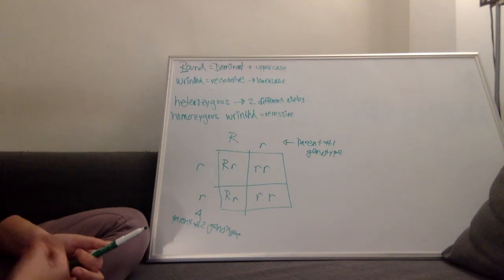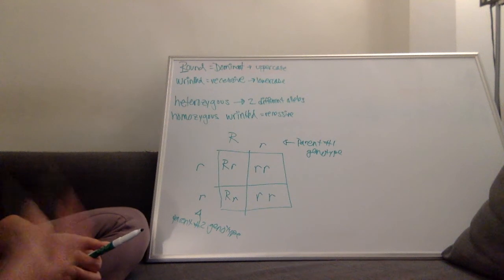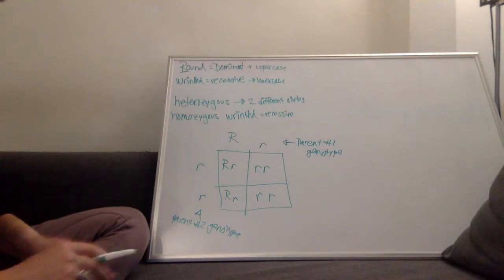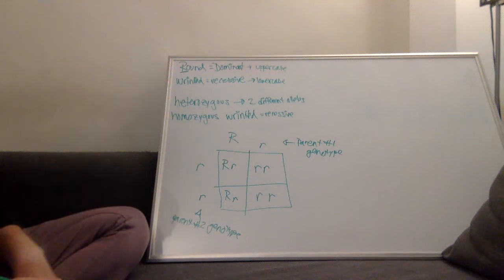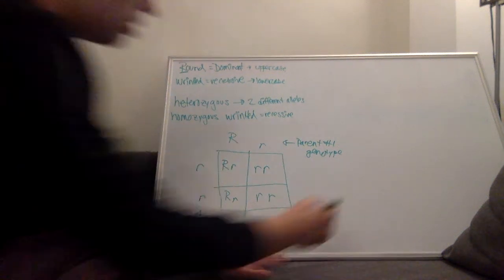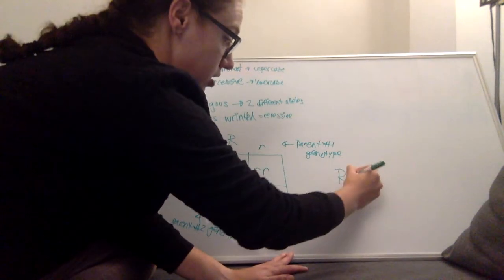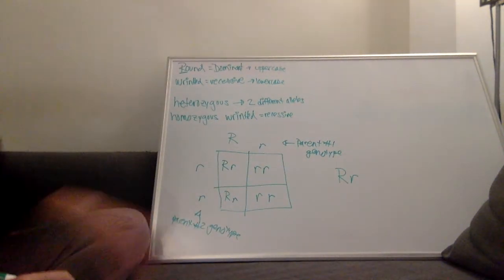Use your notes, right? We have to use our notes. So here the genotypes are just the letters. So for our offspring, this is our offspring. We have 2 different genotypes that we could get. We can get uppercase R, lowercase r. Or we can get lowercase r, lowercase r.